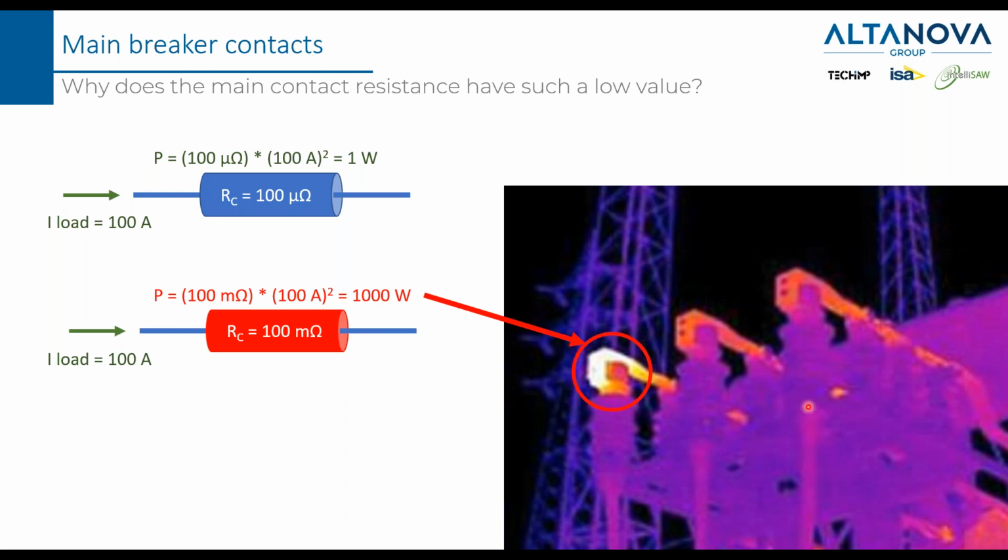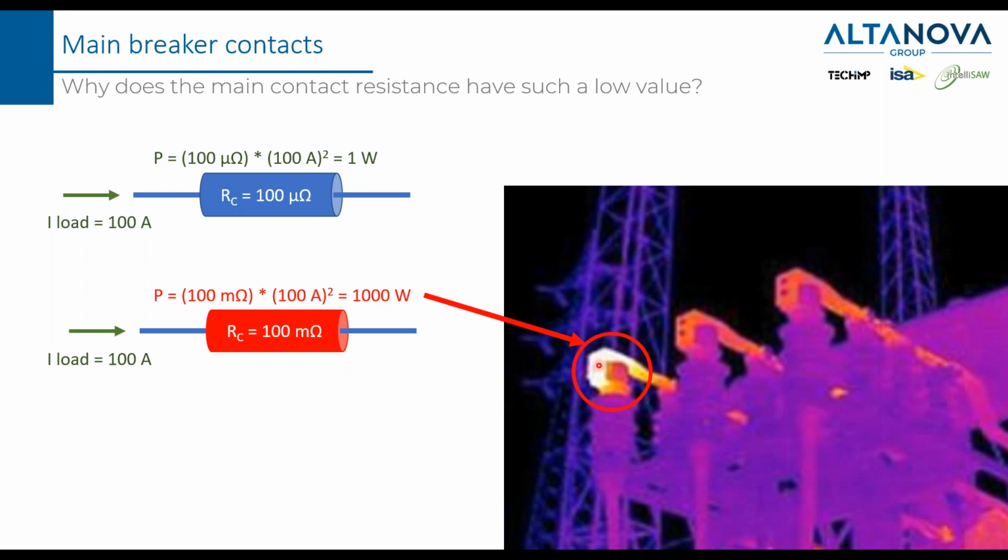So in this picture, you see that there is one contact here. In this case, it's not a main contact, but the concept is the same. Here is a piece of metal that is probably not touching the other part of the asset very well. This creates a higher resistance, and then it creates this kind of situation.